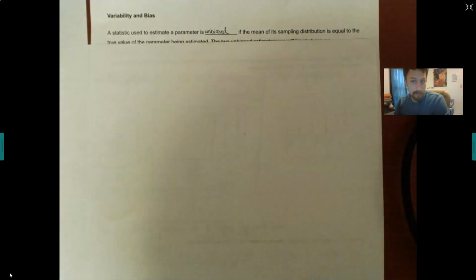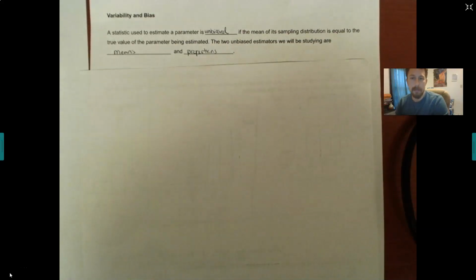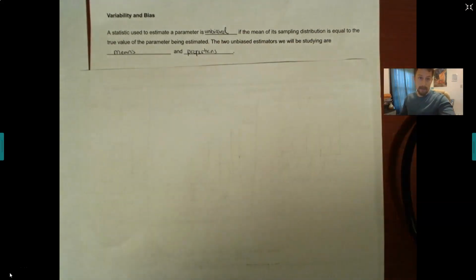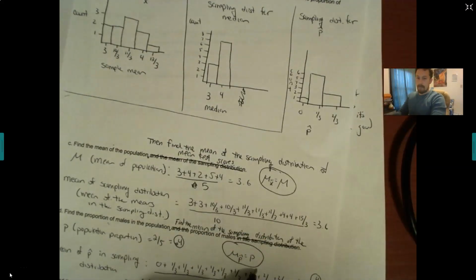A statistic used to estimate a parameter is unbiased if the mean of its sampling distribution is equal to the true value of the parameter being estimated. The two unbiased estimators we will be studying are means and proportions. So, as this just stated, the mean of its own sampling distribution is equal to the true value of the parameter being estimated. We saw that here, right?